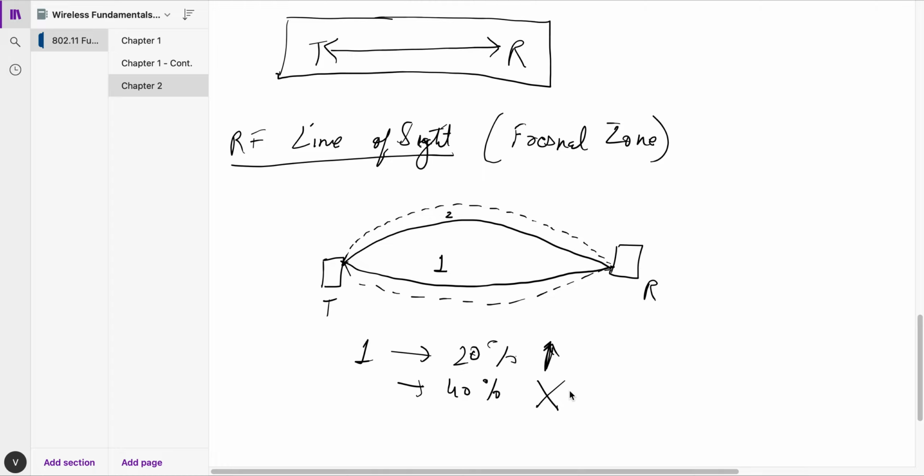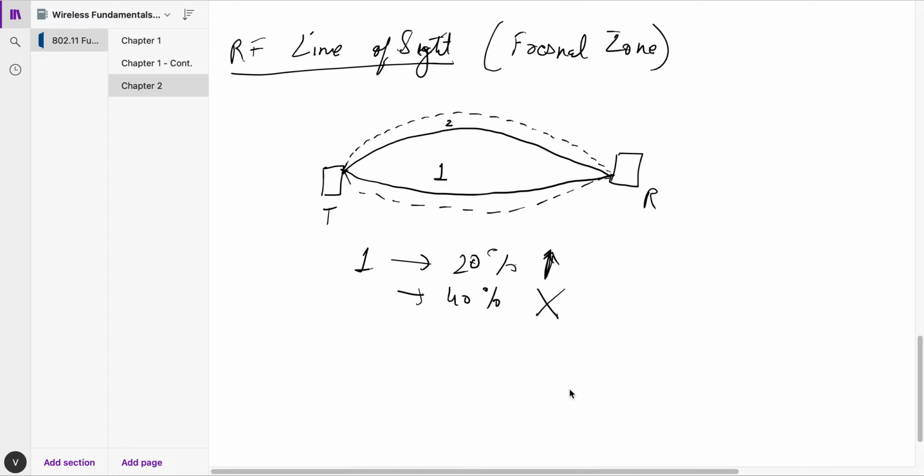So if you connect two antennas on two buildings to communicate to each other, and let's say in some time another building came up in between, or some trees grow, or any obstruction came in between, we have to redesign. We have to make sure that at each point in time, not more than 20% of the Fresnel zone is occupied, or if it's 40%, it's going to be unreliable.